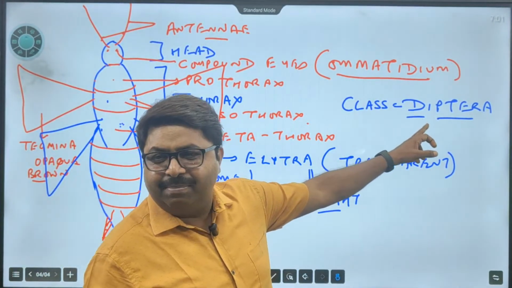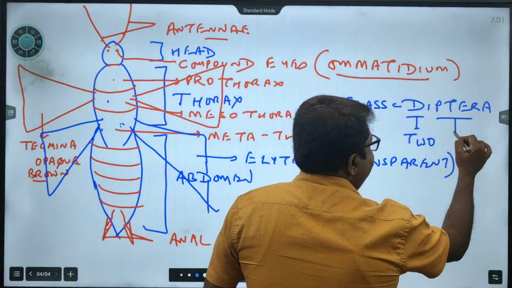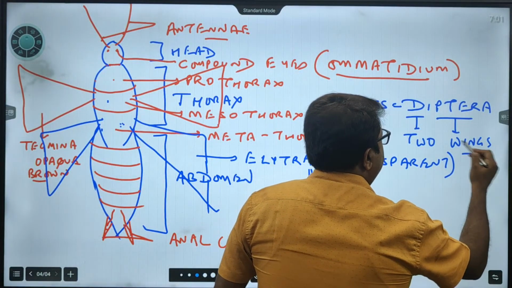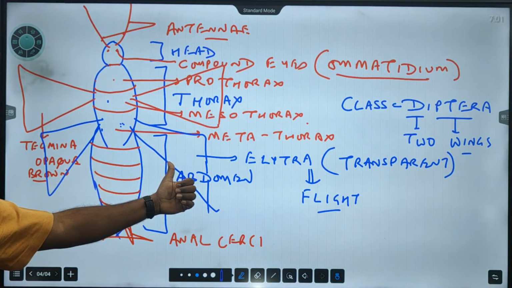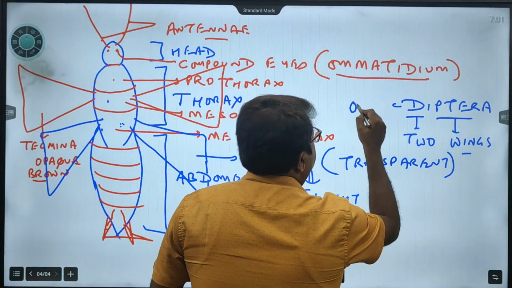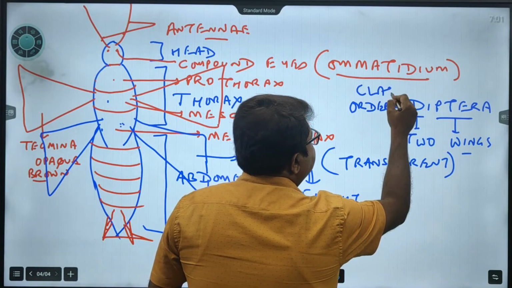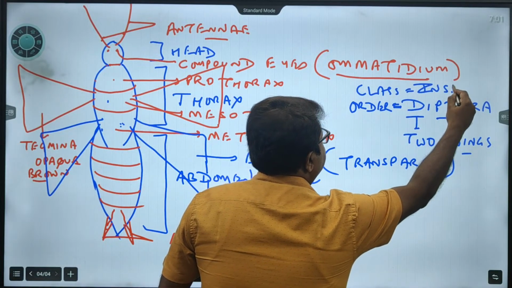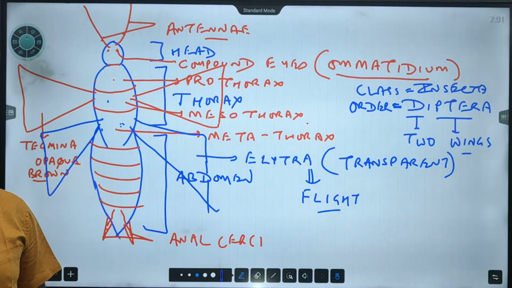Think about the order was Diptera. What is di? Two. Ptera means wings. So they have got two pairs of wings. So they are also under order, not class, sorry. Class is Insecta. Order is Diptera. Fine. So why the order Diptera? Two pairs of wings.